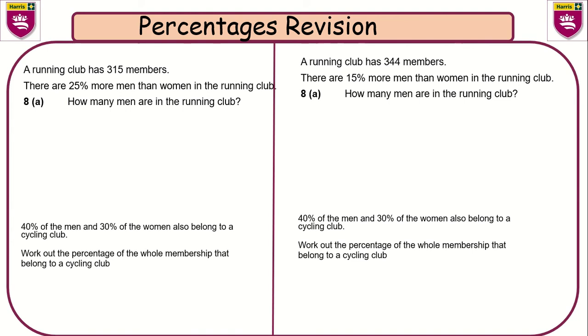Now, first of all, I need to write down the information given to me in an algebraic form. That means for M equals, if it is 25% more, 25% more means 125%, and when you convert it into a decimal, that's 1.25. So every M is going to equate to 1.25 W. I know that if I add men and women, that's going to give me 315 members.